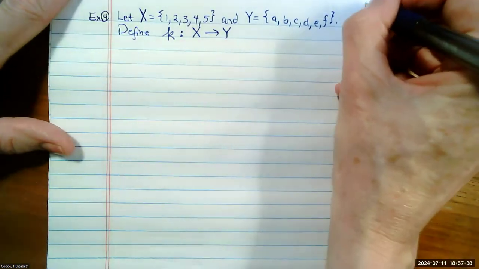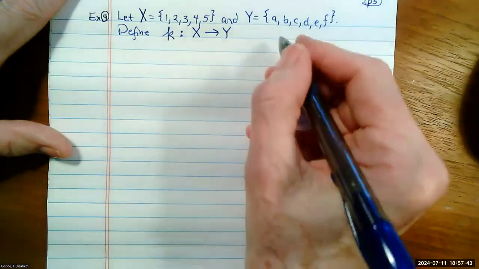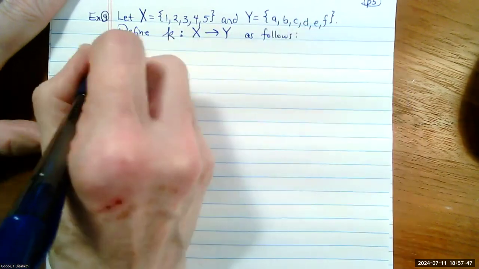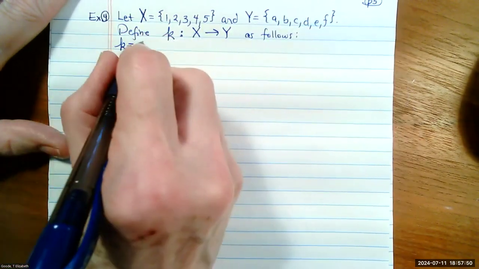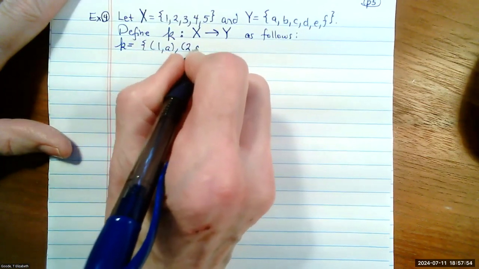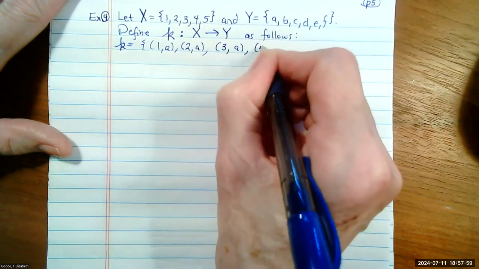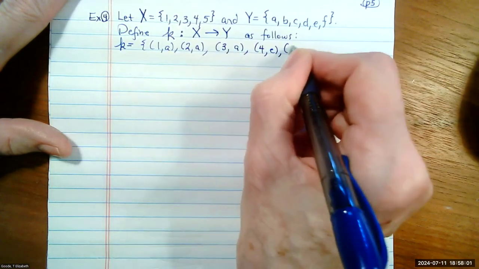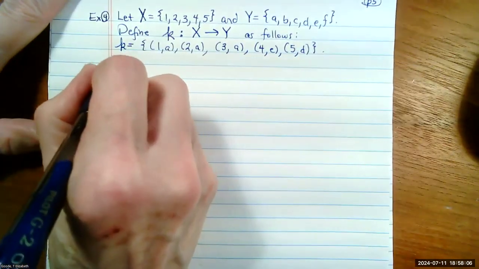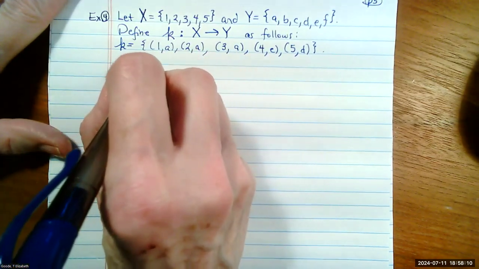We reserve that notation specifically for functions. So we're going to define K as follows. K is this set of ordered pairs: 1 comma a, 2 comma a, 3 comma a, 4 comma e, and 5 comma d. Draw the arrow diagram. Find the range of K.